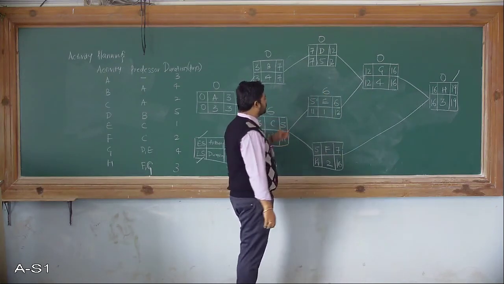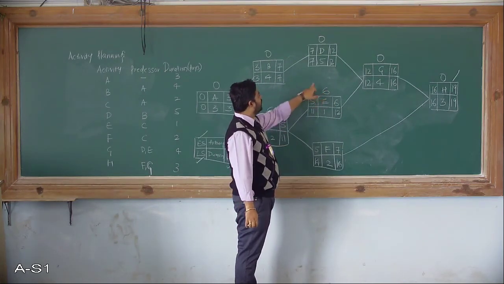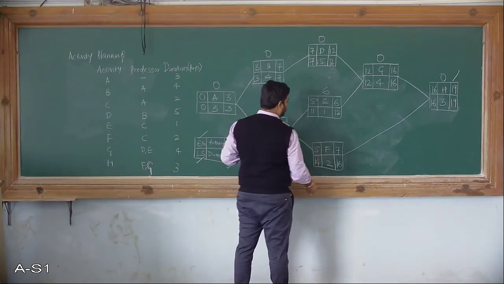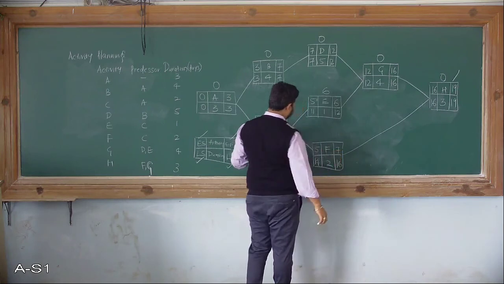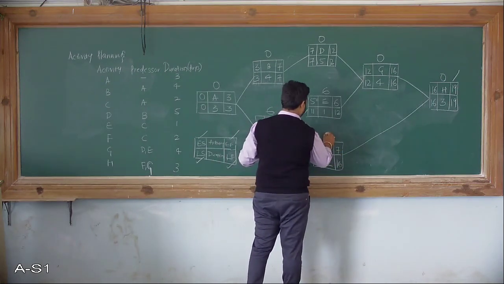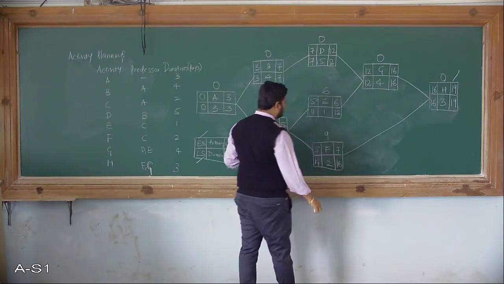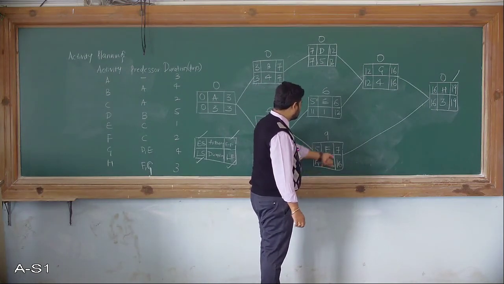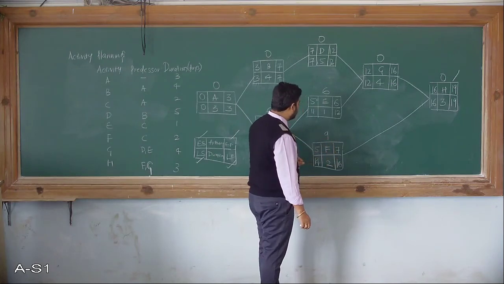The 6 is the total float for activity E. 14 minus 5 is 9, and 16 minus 7 is 9.